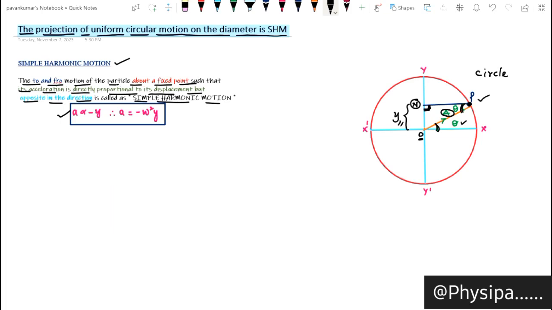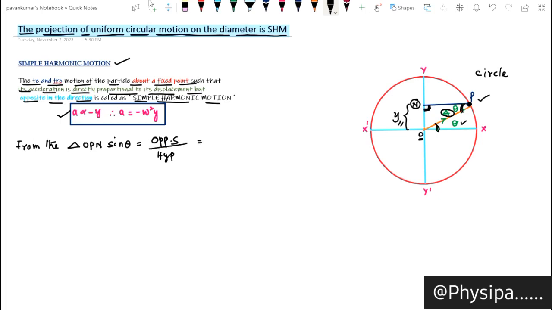Next, we have to prove that this motion of the projection on the diameter is simple harmonic. Therefore, from the triangle OPN, applying sin theta, which is equal to opposite side by hypotenuse.